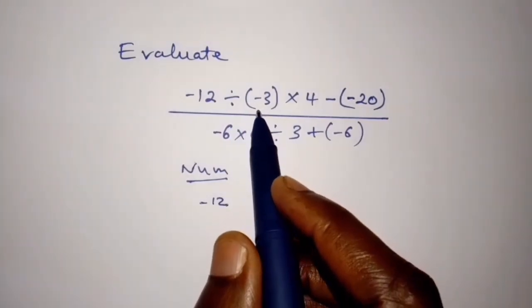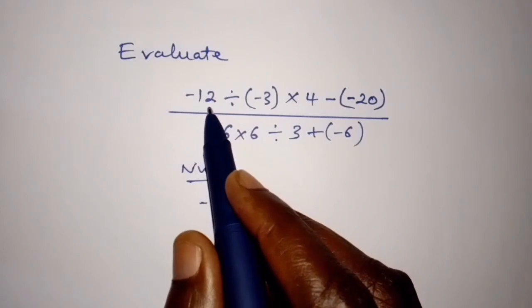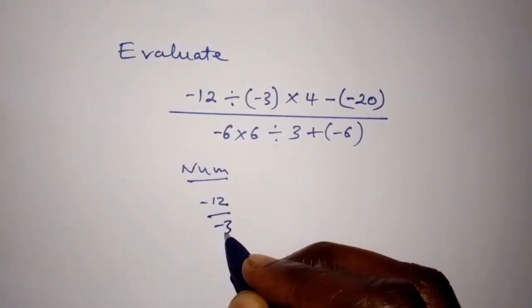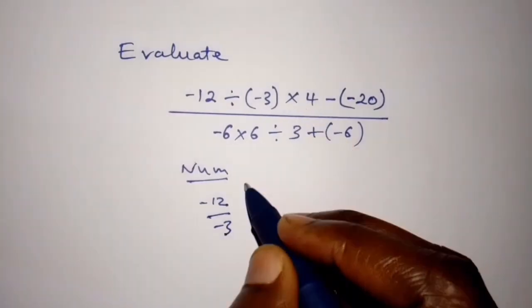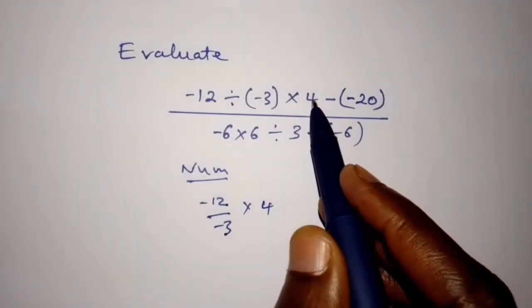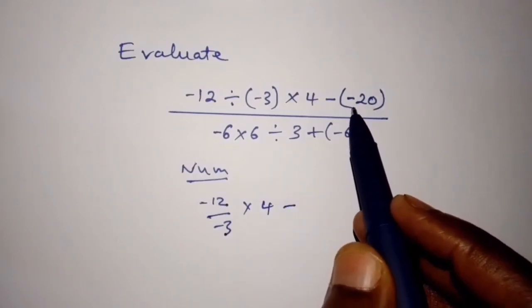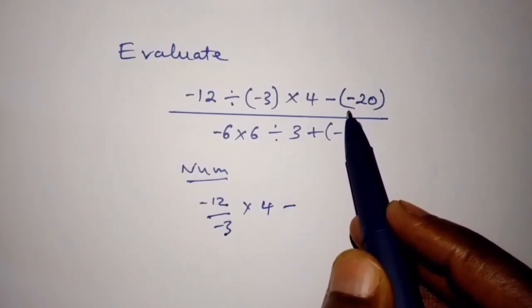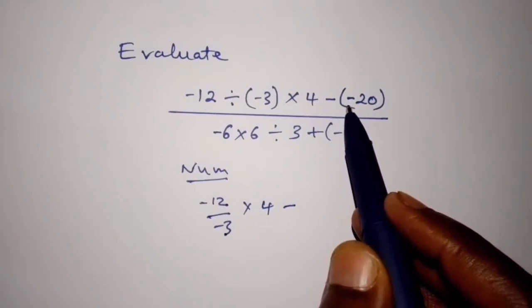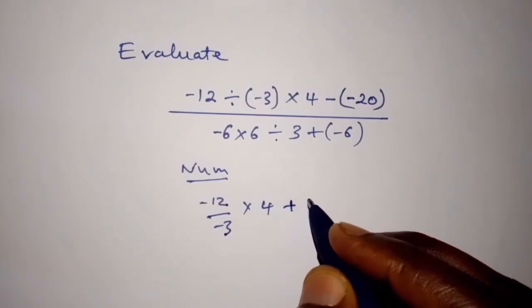We get rid of this bracket. We put it as negative 12 over negative 3 times 4 times 4. We get rid of this bracket here. So negative times negative 20 is positive 20.